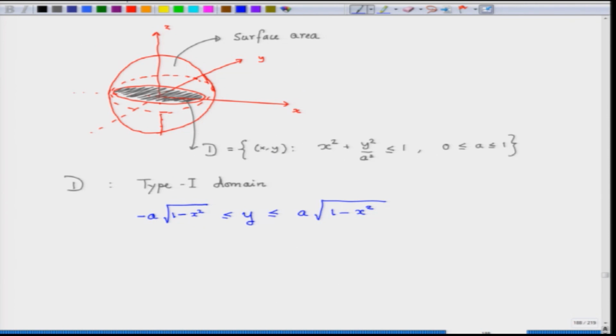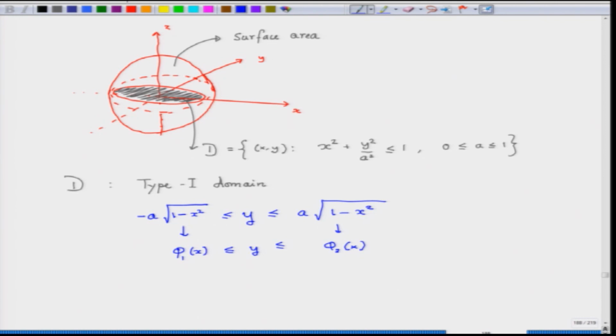It is very simple to carry out this inequality from this expression, and I will leave it to you. So, this can be thought of as phi 1 x, and this can be thought of as phi 2 x. So, it is a type 1 domain, and you know how to proceed in the type 1 domain.